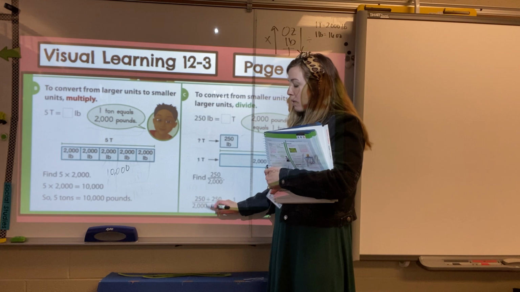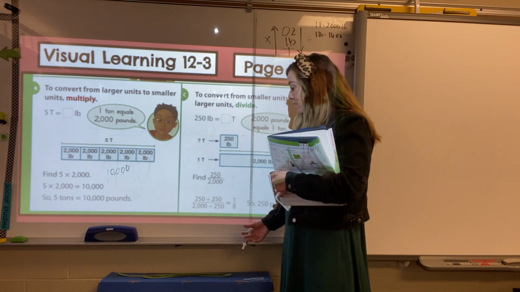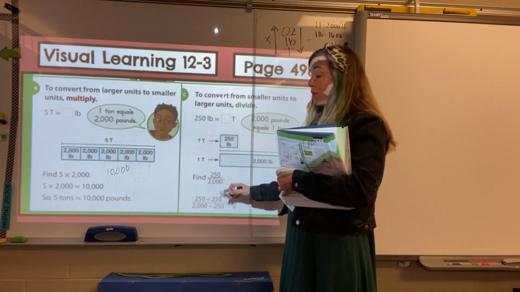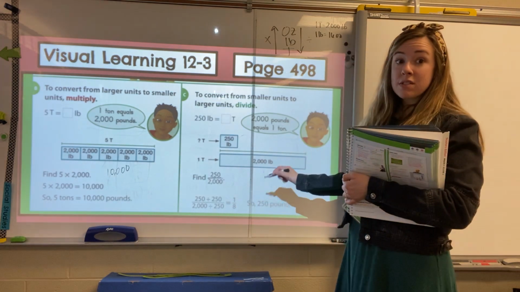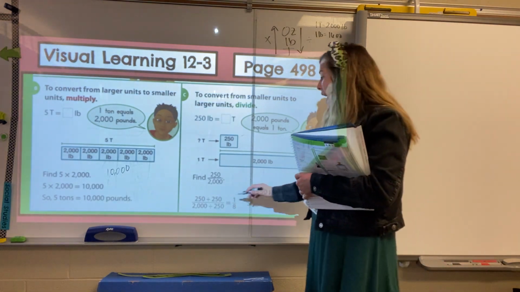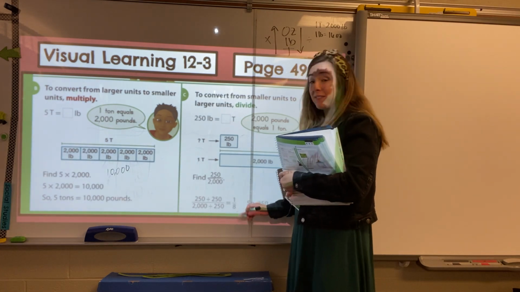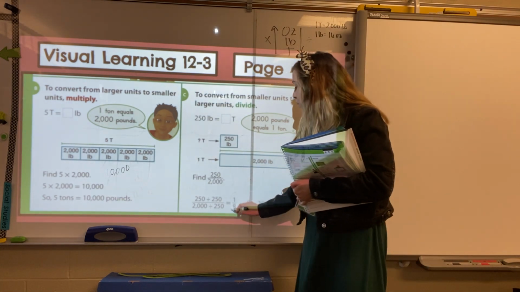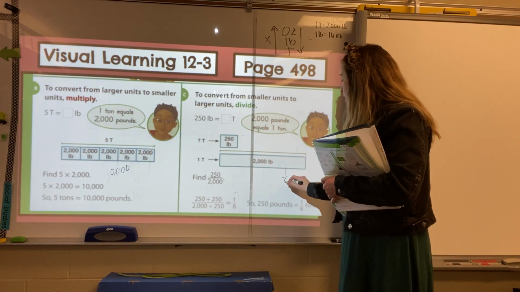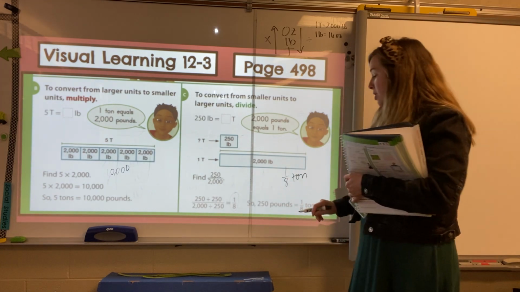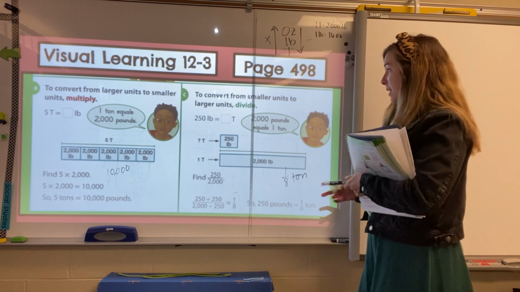Both of them are even, 10 will go into both, 50 will go into both, and 250 goes into both as well. So they're simplifying by the largest number they can. 250 divided by 250 is 1, and 2,000 divided by 250 is 8. So 1/8 of a ton is how much the little baby elephant weighs.